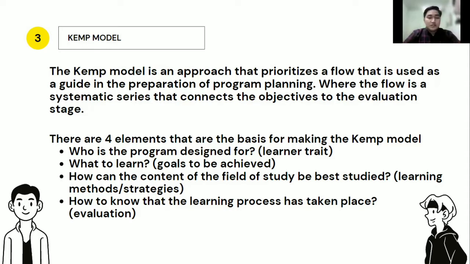The first is, who is the program designed for, or learner trait, what to learn, goals to be achieved, how can the content of the field of study be best studied, learning method or strategies, and the last is how to know that the learning process has taken place. This means is evaluation.